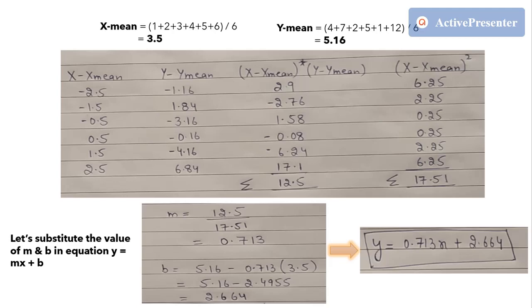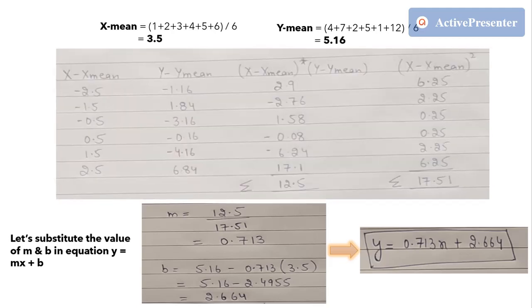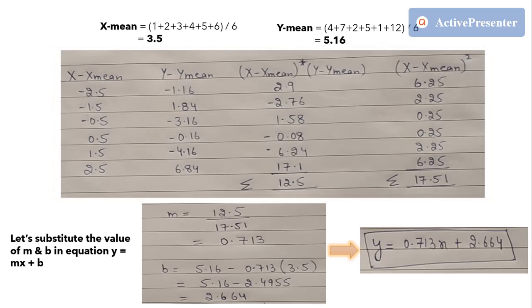So according to the formula, we have to calculate x minus x mean, y minus y mean, the multiplication of x minus x mean and y minus y mean, and the square of x minus x mean for each data point, like 1 minus 3.5 will be minus 2.5 and 4 minus 5.16 will be minus 1.16 and likewise. After this, we'll take the summation of both the multiplication of x minus x mean and y minus y mean, and the square of x minus x mean.